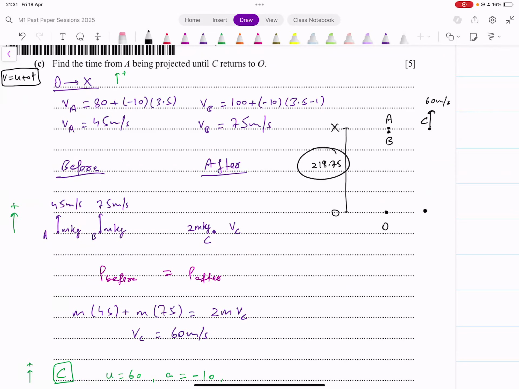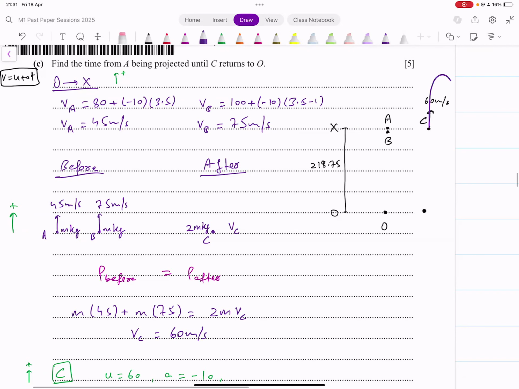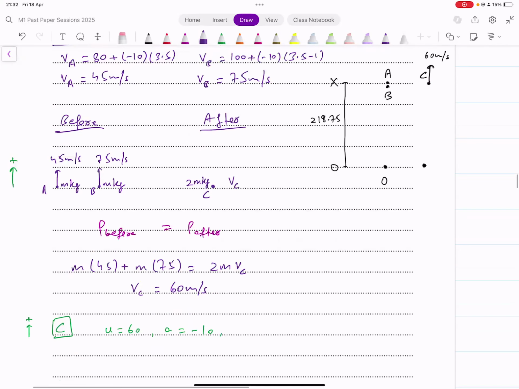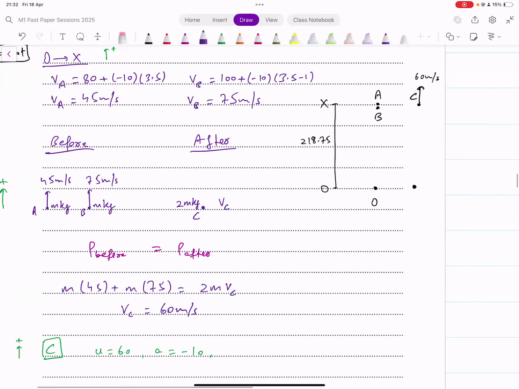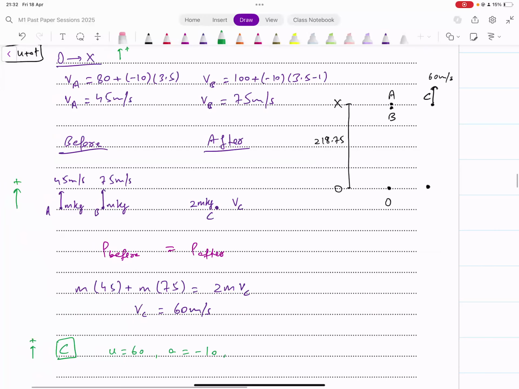We don't need to find the time until it changes direction. We can do it directly. We don't need to break it in two parts, where we find the time until it goes to the maximum point, and then from the maximum point to the ground. We can do it directly. Direction would matter, so let's understand this. Initial velocity was 60, right? We are saying upwards is positive.